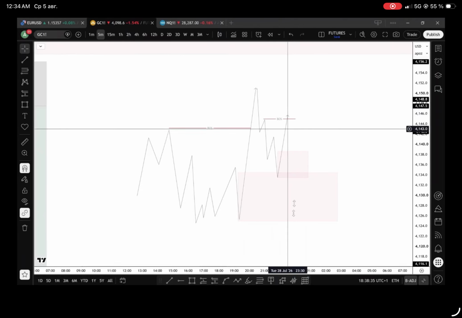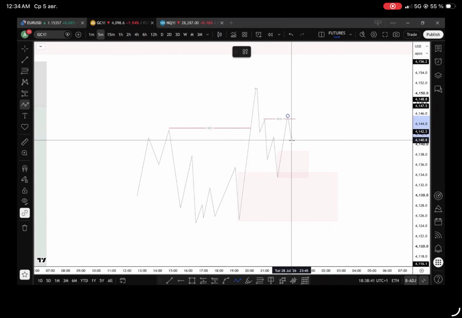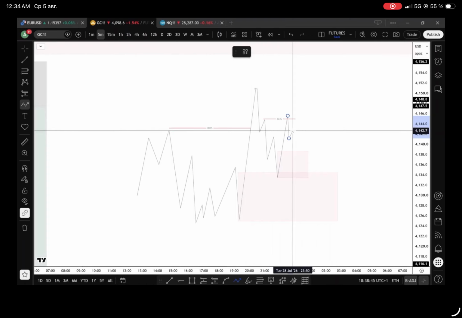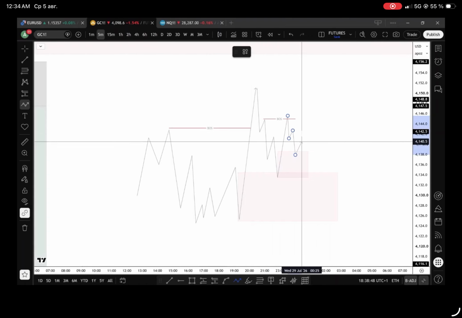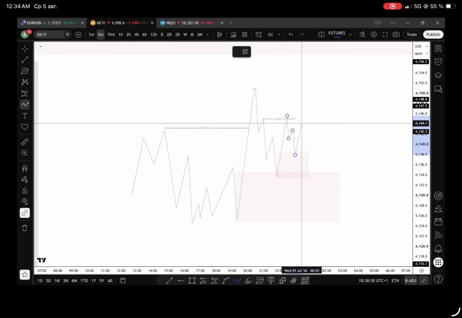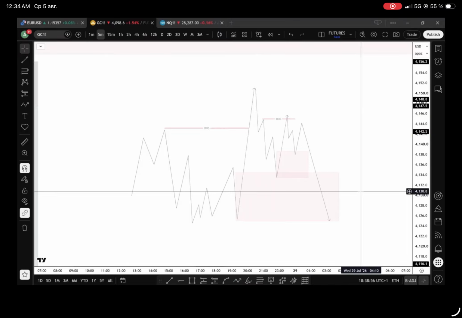I want to see a reaction back down, essentially something like this. Tap back into, maybe that's an LB, an imbalance, and trap, and target that liquidity that we've engineered.